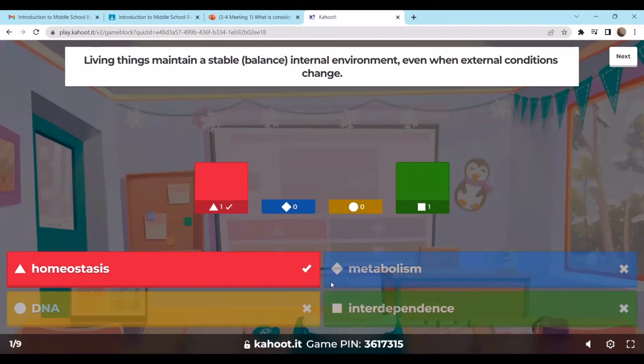So both are interconnected and can't live without each other. And then homeostasis is your body trying to achieve an equilibrium, a balance within your body if something goes too high or too low. And just an FYI, all class PowerPoints will be posted on the classroom.